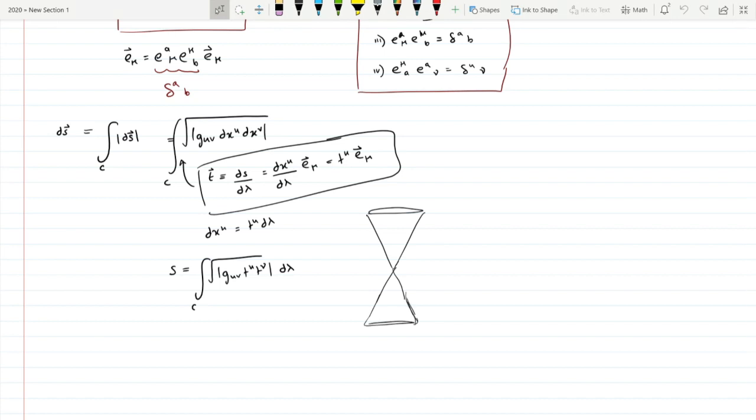If you have any path inside this light cone, it follows what's called a time-like trajectory. If you have something on the surface of the cone, it means you're traveling at the speed of light. It's called light-like. And if you're outside this entirely, it means it's space-like.